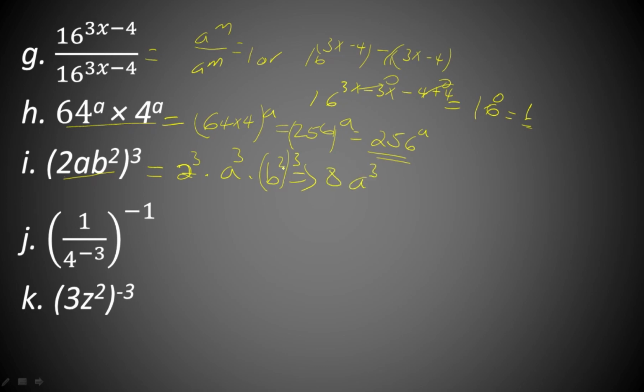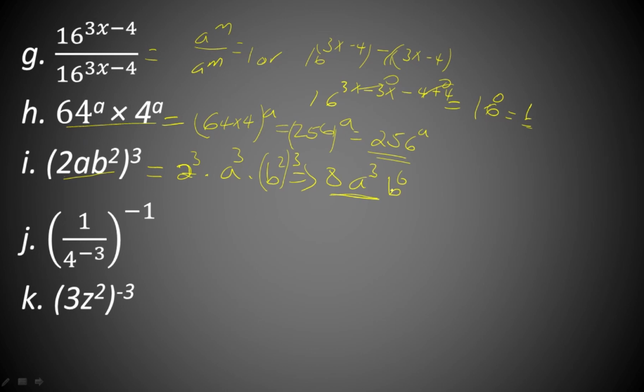In this context you have to multiply the exponents, otherwise you will make a mistake. 2 times 3 is b to the power of 6. Our final answer is 8 a cubed b to the power of 6. This is the way to solve.